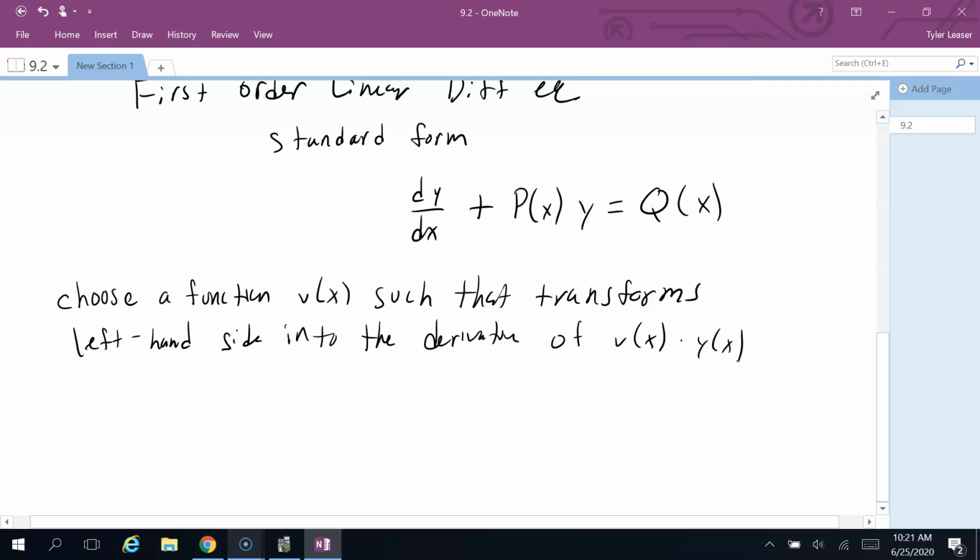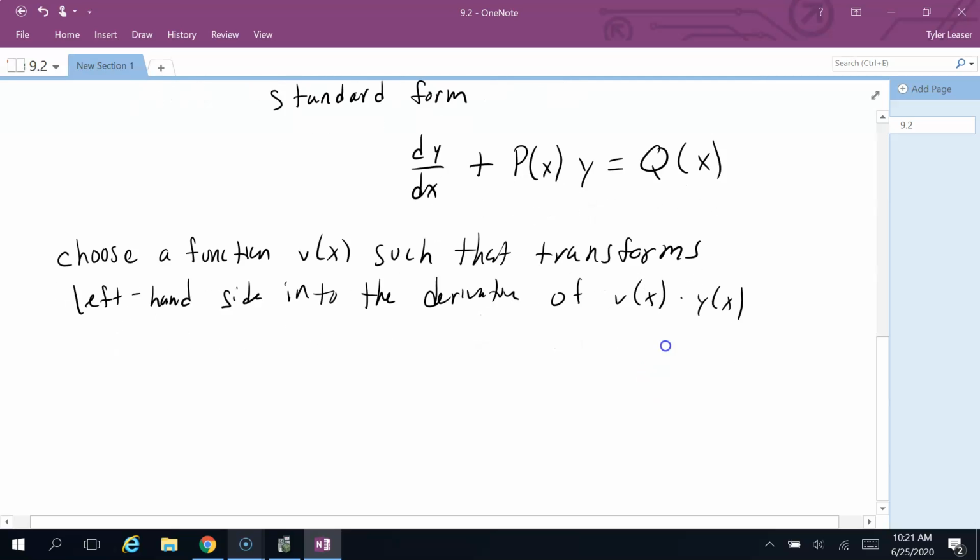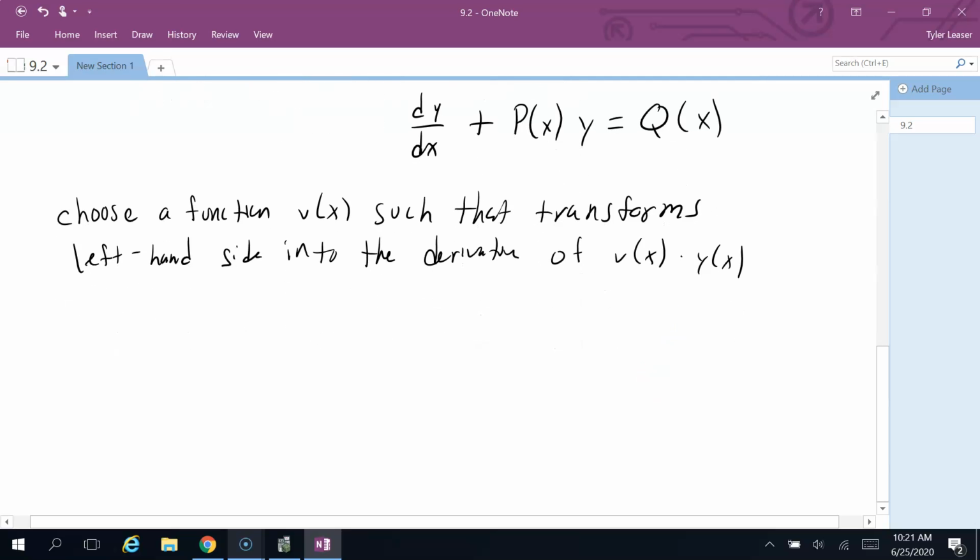Okay, and there's a certain way to do this, and I'm going to show you how to do this. So before I show you how to find the v of x, let's at least see how it would work if we did find the v of x. What this top sentence is saying is that we're going to multiply that v of x onto what we already have on the left-hand side.